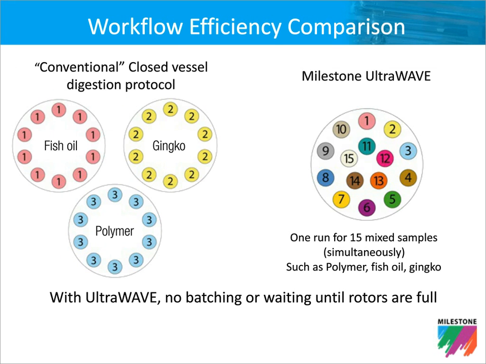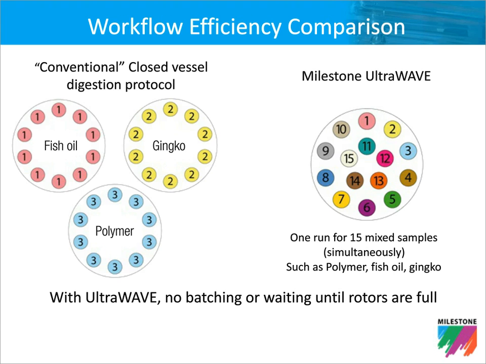Once again, the UltraWAVE provides a significant increase in workflow efficiency. On the left-hand side, if you were digesting samples such as fish oils, polymers, and ginkgo, you'd have to do 3 individual separate microwave runs.